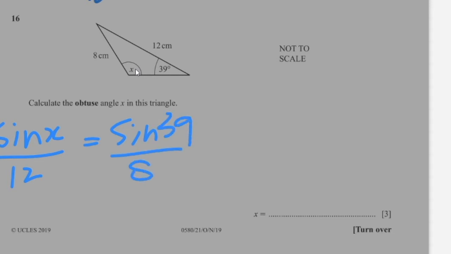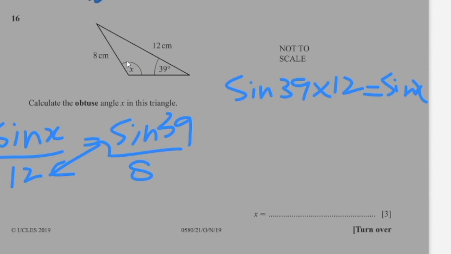So we cross multiply over here, so this becomes sine 39 into 12 is equal to sine x, and I'm going to divide the left hand side of the equation with 8 because I've shifted 8 from sine x over here.